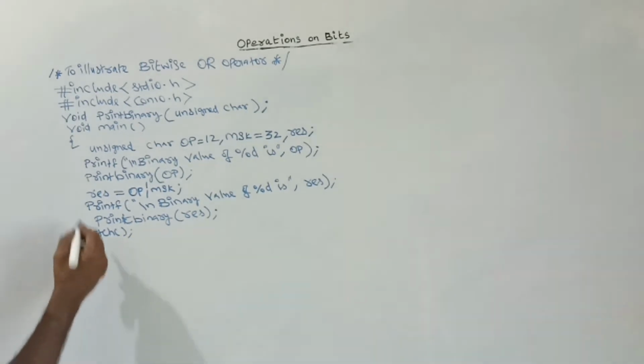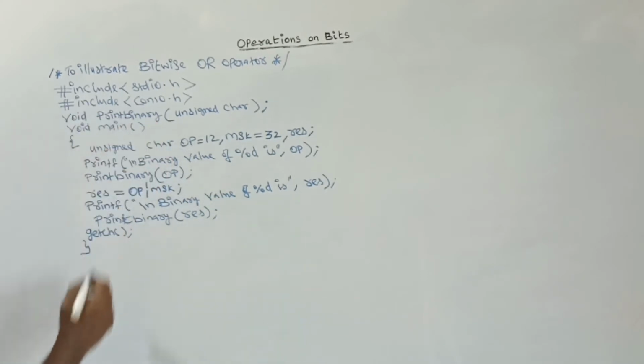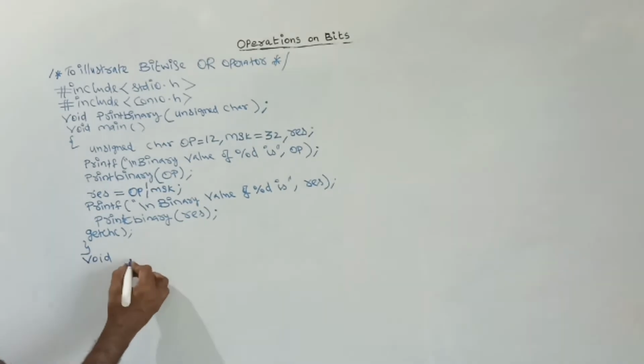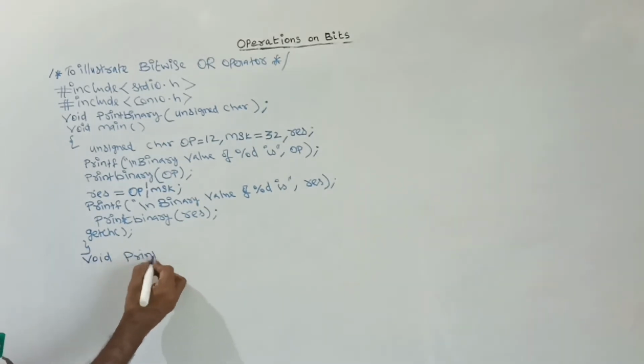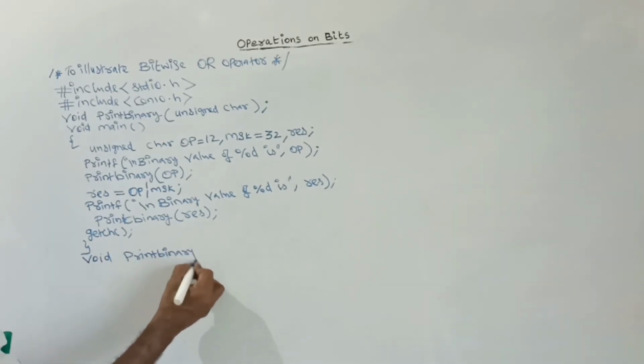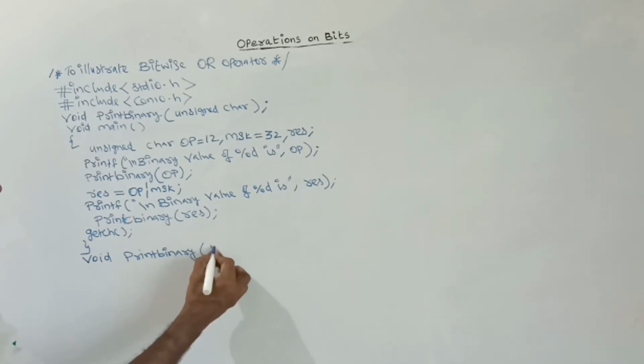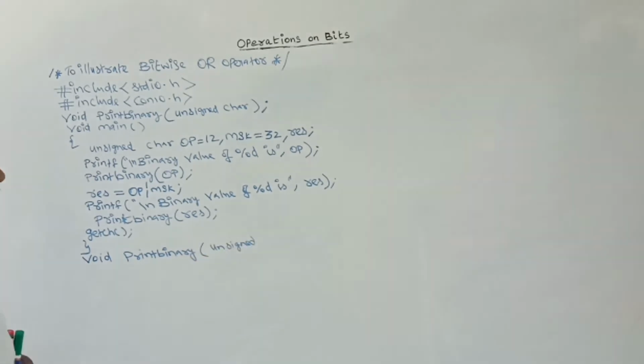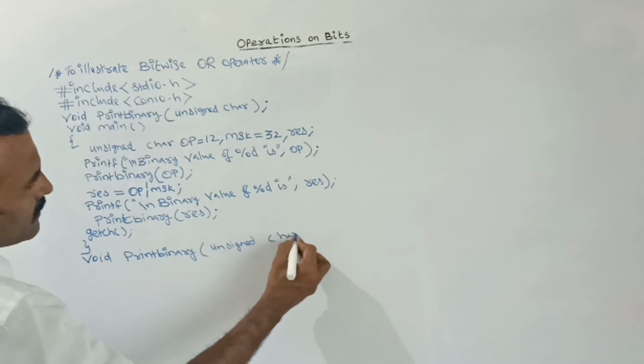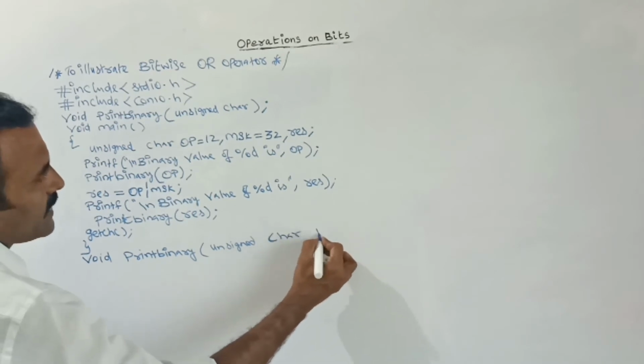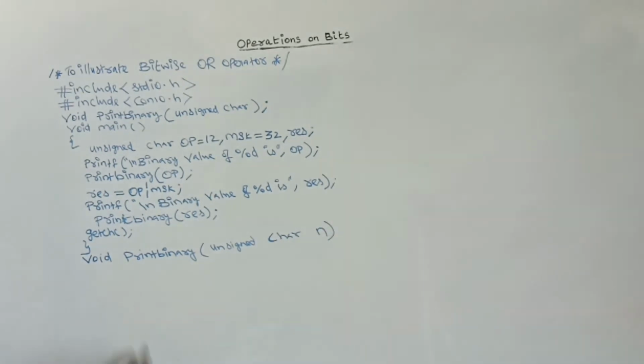I am going to write the user defined function definition part. So void print binary, with unsigned character, let us take this one as n. This is the function definition part.